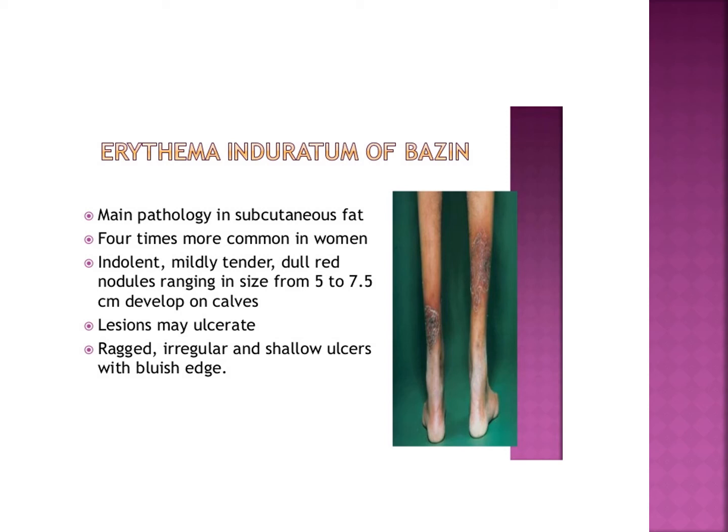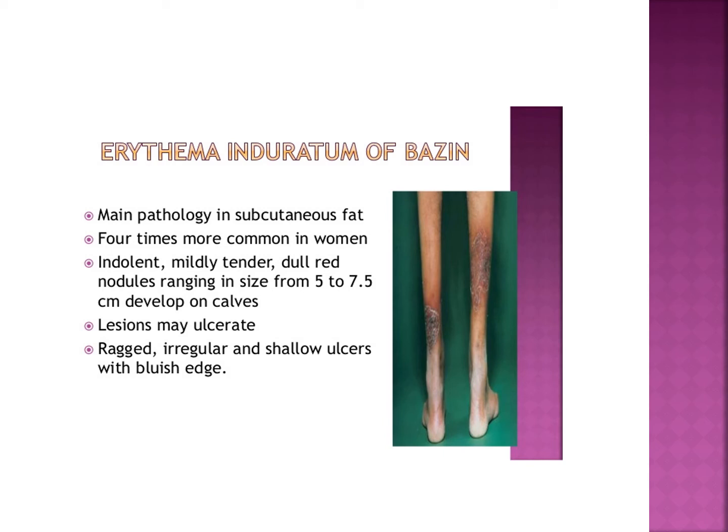Lesions are chronic in nature, not responding to conventional antibiotics, and range from approximately 5 to 7.5 centimeters in size. So the calves are the main area where these lesions develop, and on examination you can see some discharging nodules.